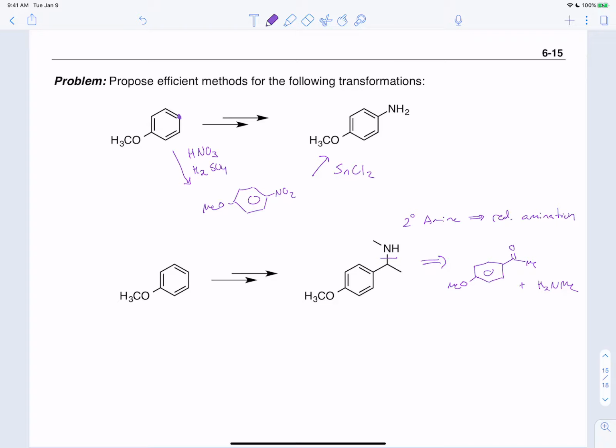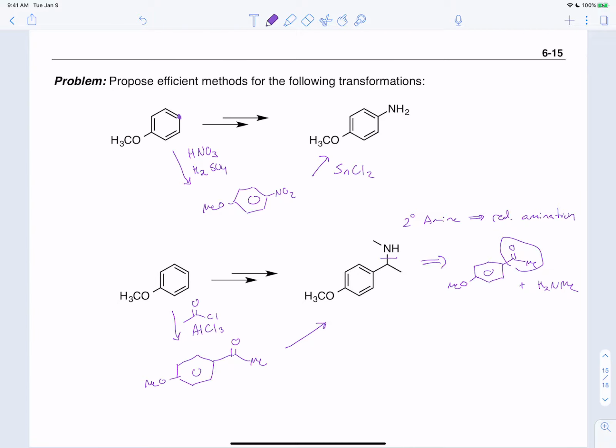Because now we know exactly how to bring in an acetyl group from topic 2. This would be a Friedel-Crafts acylation reaction with aluminum trichloride to go through the acylium intermediate. This gives us the ketone we need. And then it's just one more step to add in methylamine.